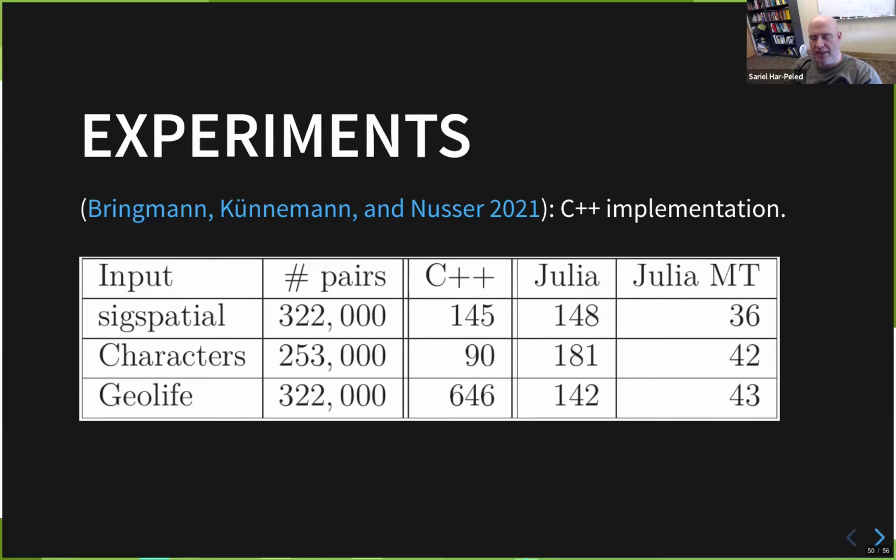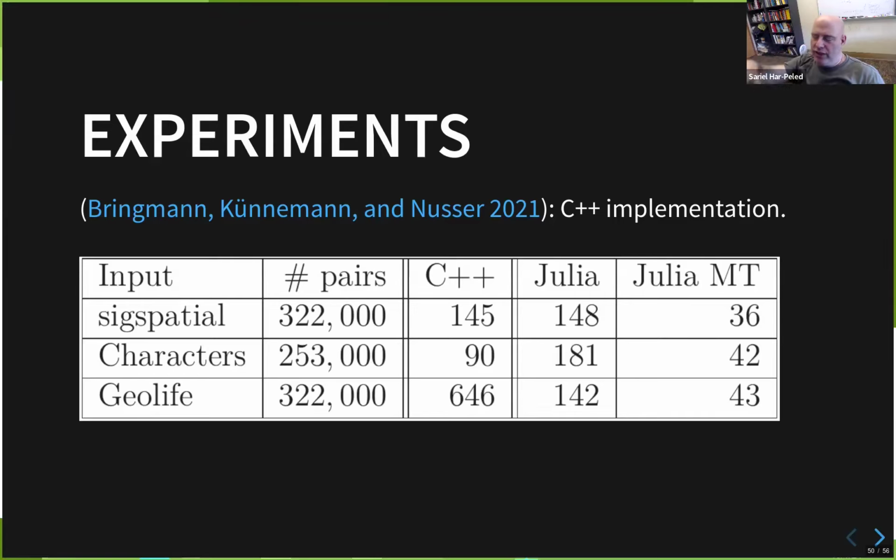So here you can see the number of pairs, it's in the hundreds of thousands of pairs that you have to compute. Of course, curves repeat themselves. And the running times shown here are in seconds. So frankly, I was very surprised that Julia was that fast. Julia is quite competitive with the C++.